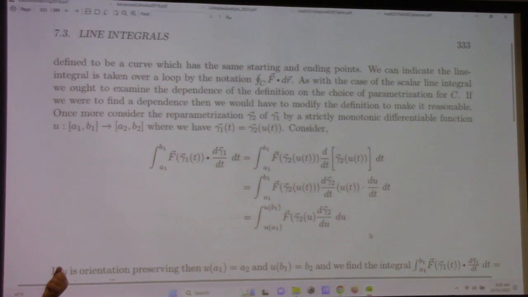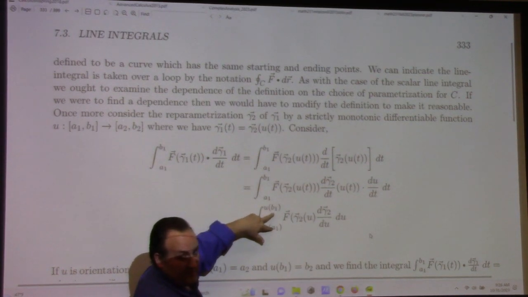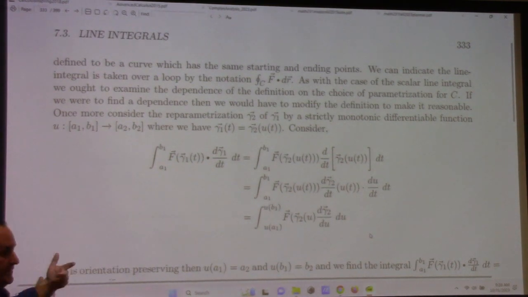Now you can also reverse a curve, right? You can parameterize it in the other way. We talked about that before. And if you were to reverse the parameterization of the curve, that would end up flipping these, like the bounds would reverse order and you'd get a minus. And so that's why the integral is sensitive with respect to the orientation of a curve.